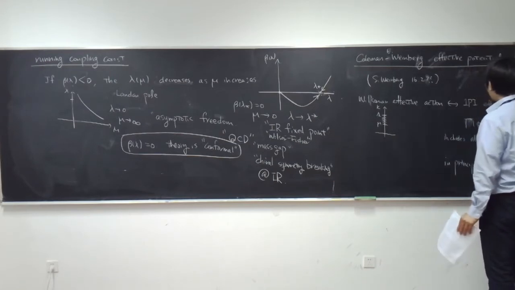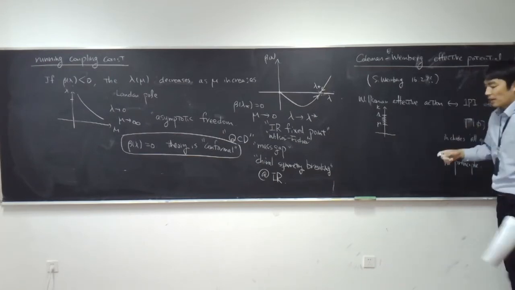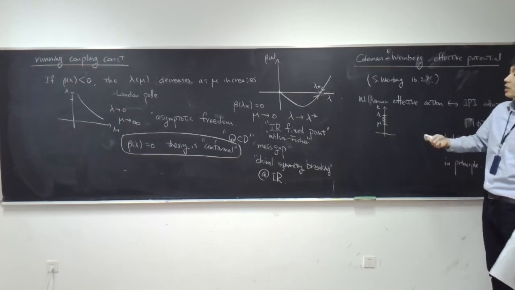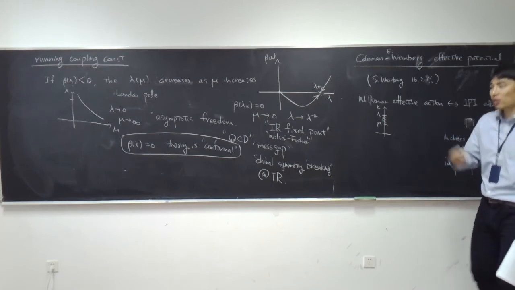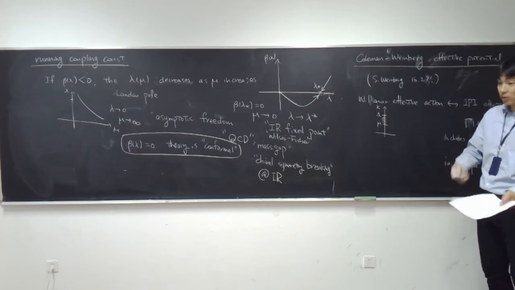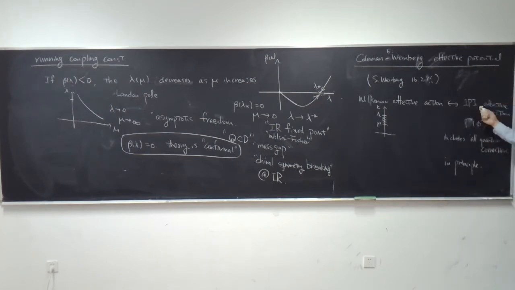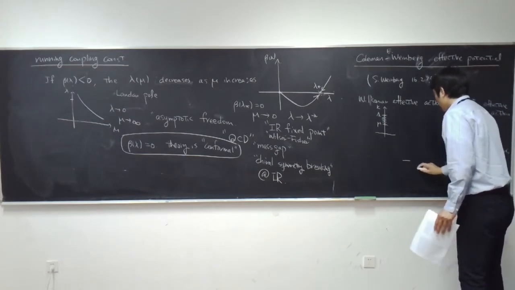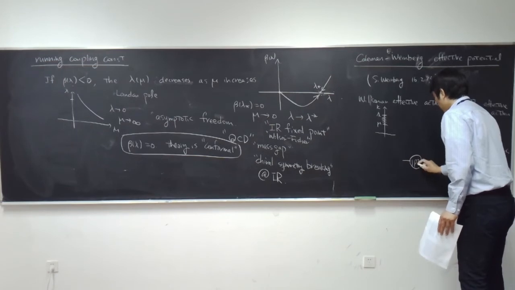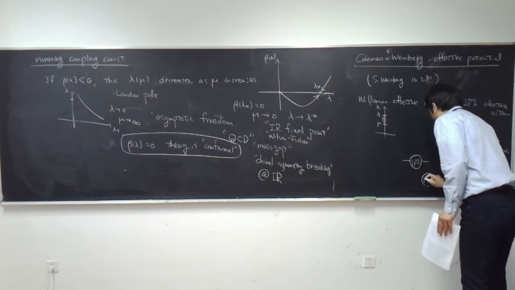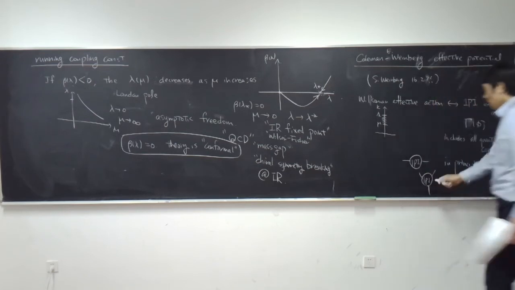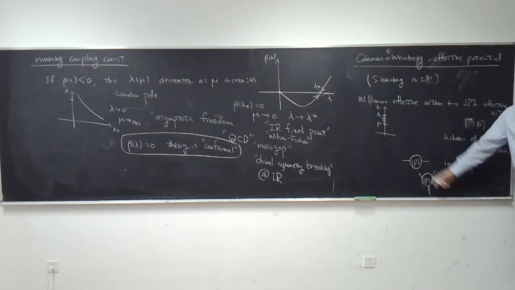We consider the generating functional, take the log, and you get the effective action, and then take the Legendre transformation to get the 1PI effective action. And the 1PI effective action essentially contains all the quantum diagrams, as I explained in the second lecture, which are the one particle irreducible diagrams.